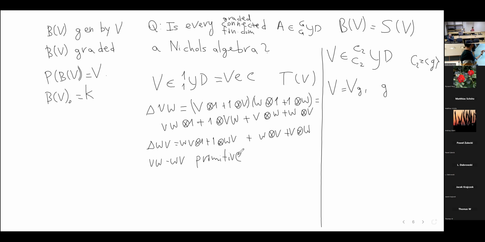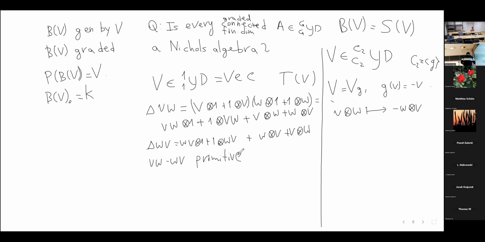And G acting on V is always minus. You can check that it really defines a Yetter-Drinfeld module, that it satisfies the condition. I mean, simply because if V is V_G and G is the only conjugate of G, there's not much to verify here. The braiding here is given by the map that sends V tensor W. Because of this action that G of V is minus V, this will go not to W tensor V, but to minus W tensor V.